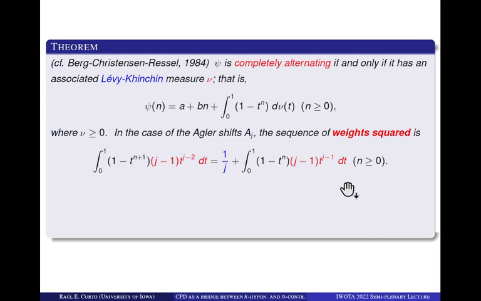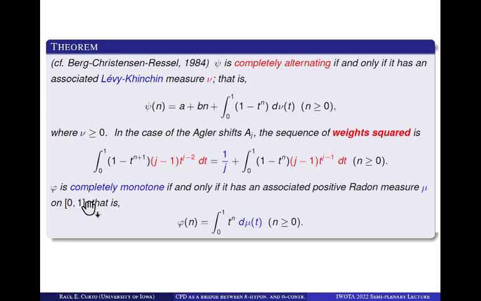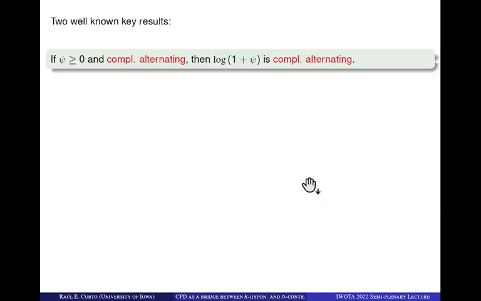And so you can now see that phi is completely monotone if and only if it has an associated positive Radon measure on [0,1], which is given in this manner. Right? So the phi of n has to have a measure here, which in the case of weighted shifts will be the Berger measure. And there is a nice connection then with the Lévy-Khinchin measure associated with completely alternating functions and sequences.